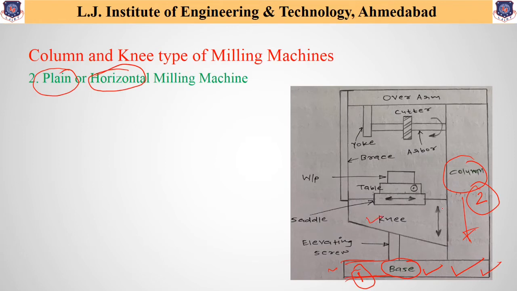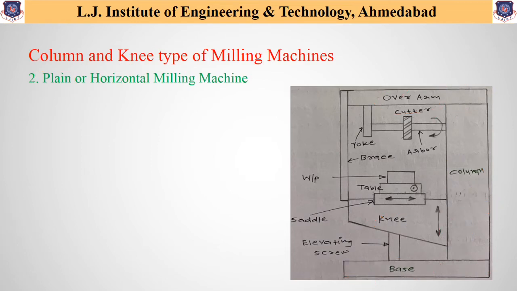This knee can slide up and down with the help of the guideways available in the column. And as one can see from the figure, on the top portion of the column, the overarm is provided. So the base is connected to the column, and with the column two other parts are connected. The first one is the knee and the other one is the overarm.